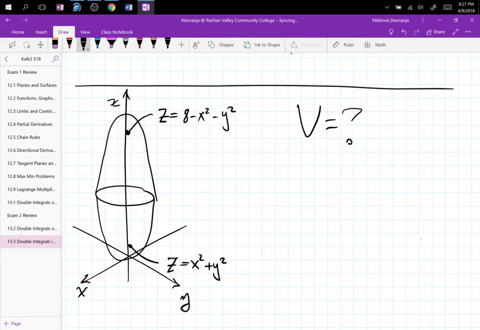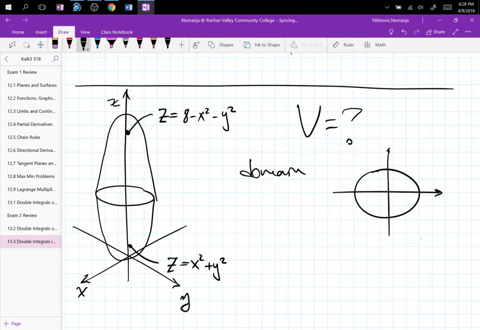So now what I want to do is look at the domain first. As I'm looking at the domain, all I see is the circle. But I don't know the equation of the circle yet. Now, let's find the equation of the circle. We get the domain when we set two equations equal to each other.